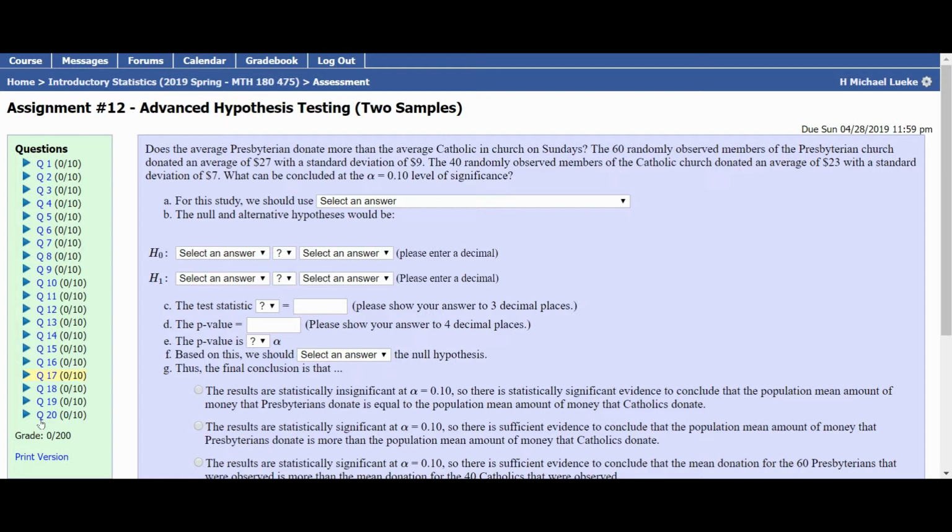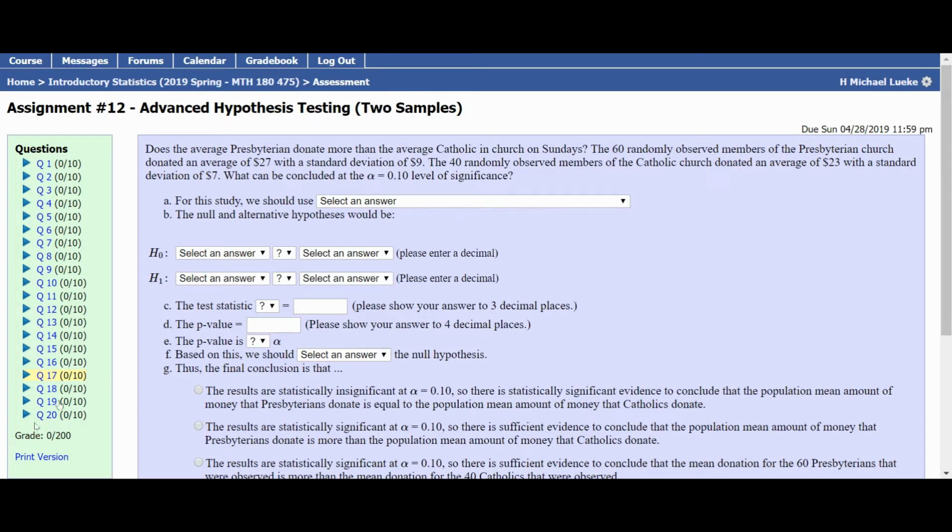They randomly selected 60 members of a Presbyterian church, and they found their average donation with a standard deviation. And they randomly selected 40 members in a Catholic church and found their average and their standard deviation. And so they ask us what we can conclude based on alpha being 0.10.